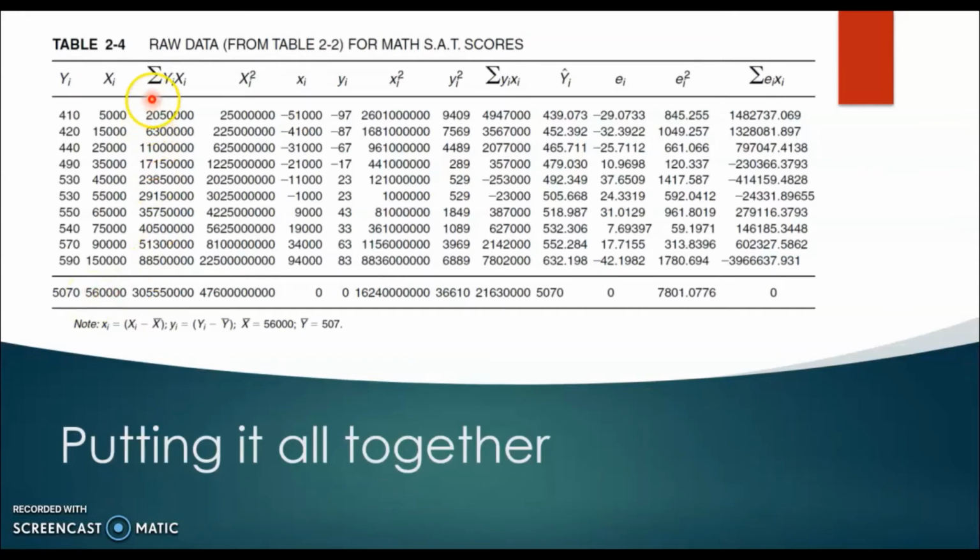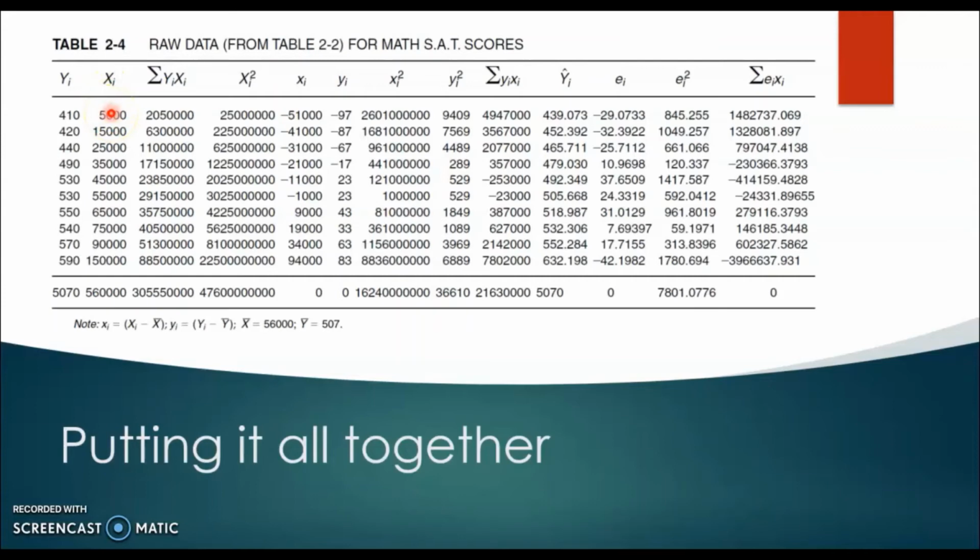Here on the third column, we have the multiplication between the dependent variable, the SAT score, and the independent variable, the corresponding income level.